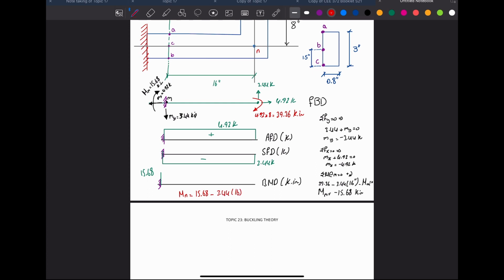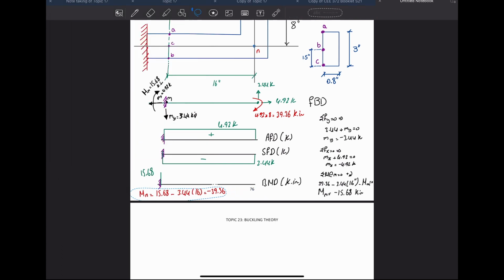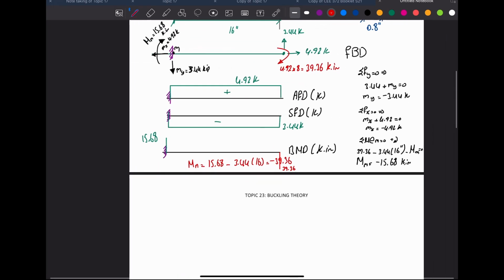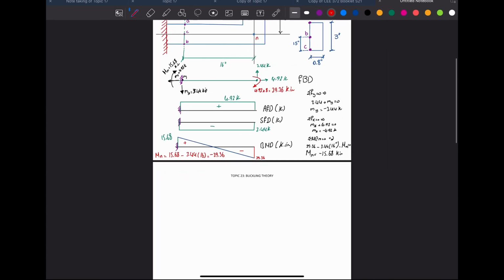So what I'm getting is minus 39.36, as if I went down here. This also agrees with the value at the end, 39.36. And I will just connect the bending moment like this. Let me erase this. This is positive and this is negative. Now I'm done with the internal force diagrams.